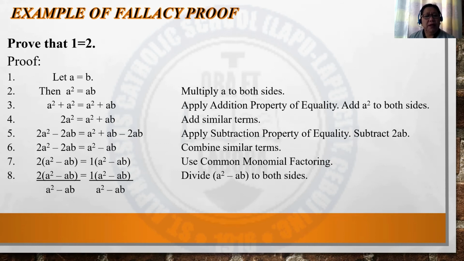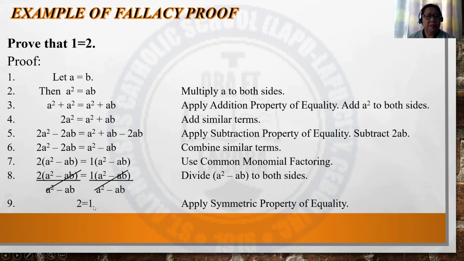Then we divide both sides by A squared minus AB. Here, the left side over A squared minus AB, right side over A squared minus AB. Then by this time, we can cancel. Can also cancel. Then what is left is 2 is equal to 1.